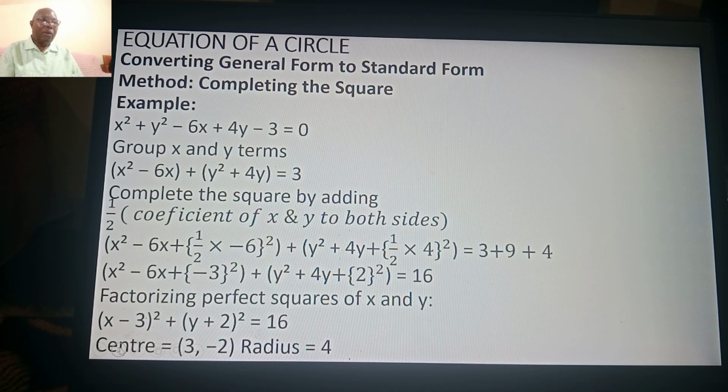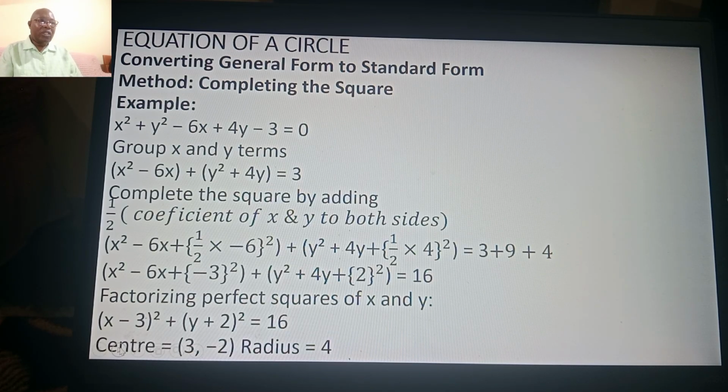Therefore, when we simplify our equation, we get x squared minus 6x plus negative 3 squared. That one is a perfect square now. Plus y squared plus 4y plus 2 squared, which is another perfect square, is equal to 16. That is the 3 plus 9 plus 4.